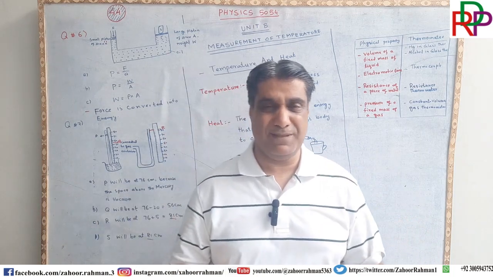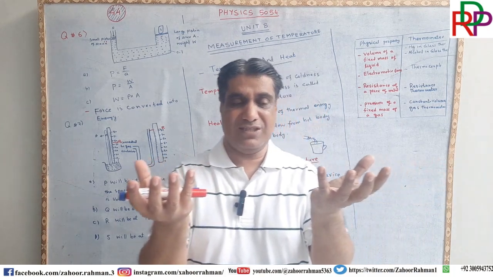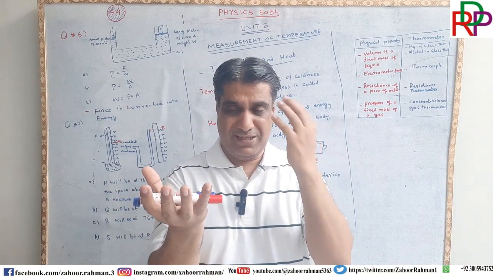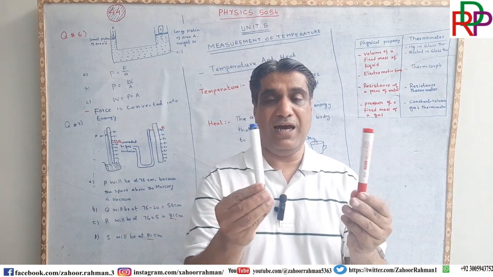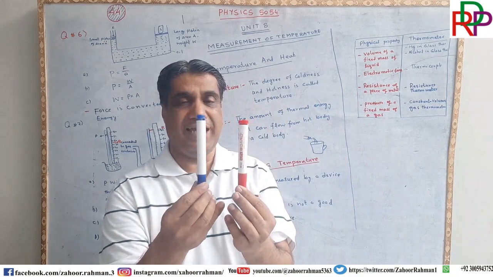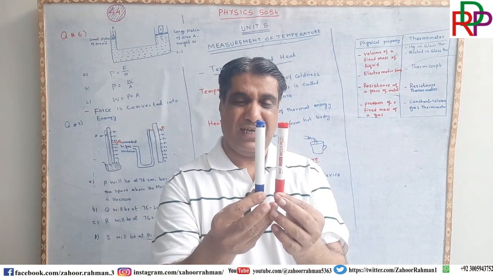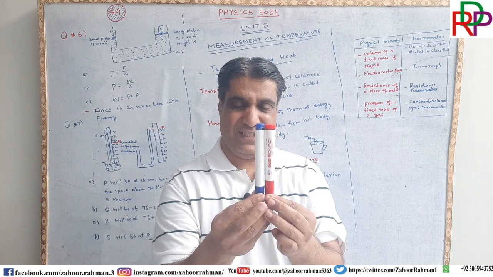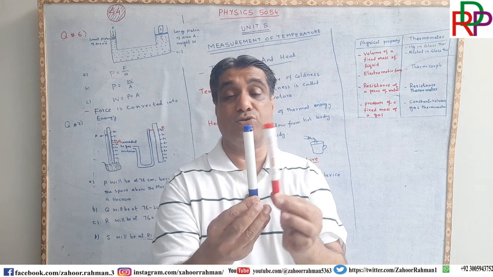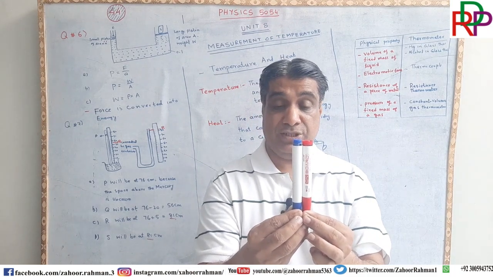So coldness cannot flow to the hot body. Let me give you an example, then we will define it. If there are two containers, in one of which there is hot water and in the other there is cold water, and this red pen marker is having hot water and this blue is having cold water, when we bring both of them in thermal contact with each other, then heat will flow from hot body to the cold body until both become at the same temperature.